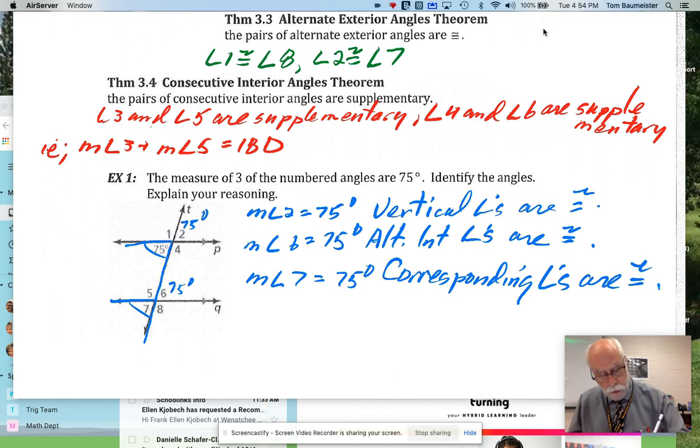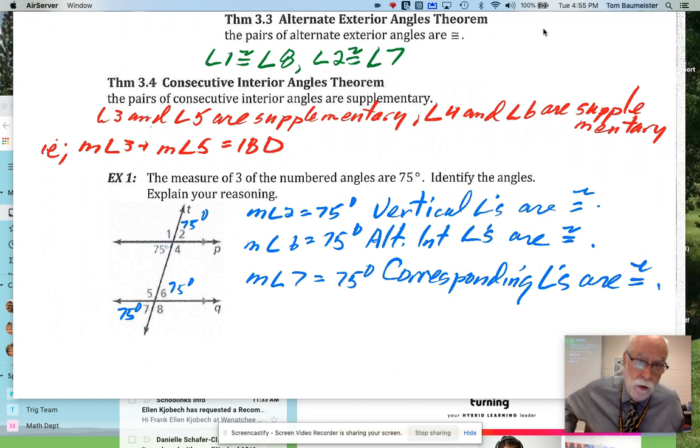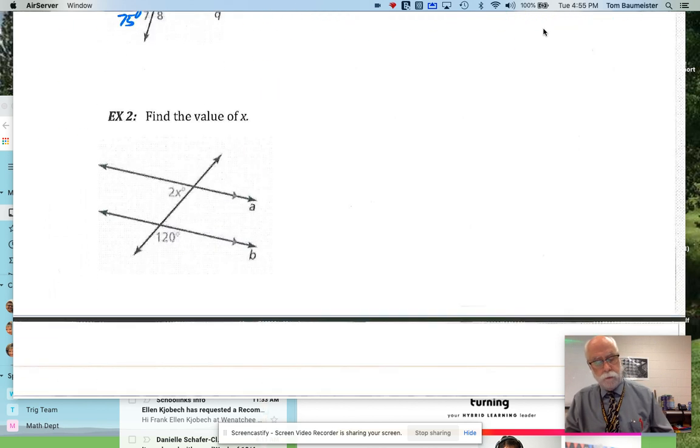So this one here was also 75, either by vertical angles or corresponding. Or you could have even said alternate exterior angles because you know that angle 2 was 75 degrees. So notice we had a lot of ways that we could get that one done.